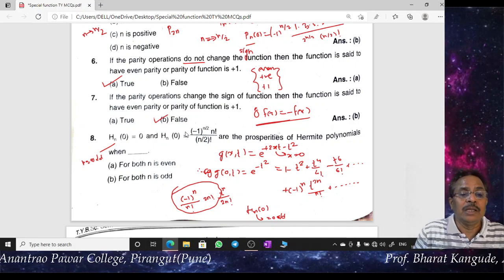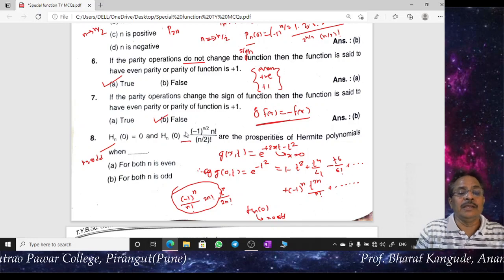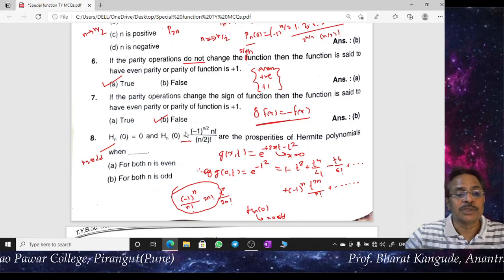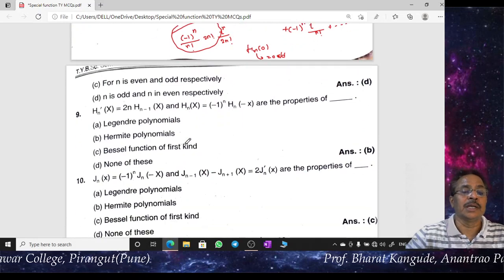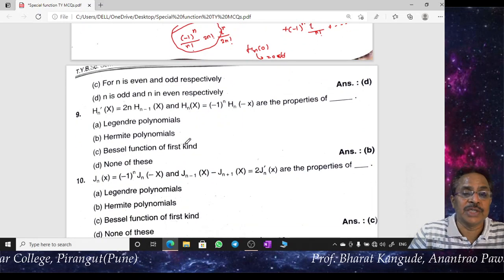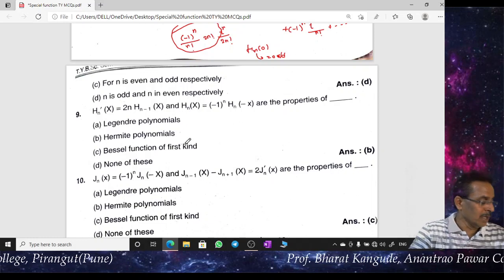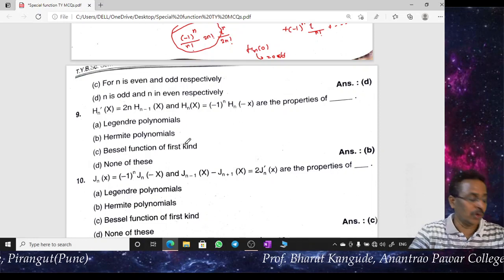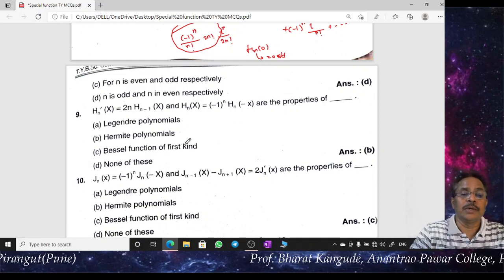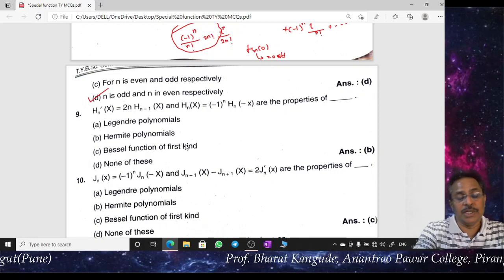So this is possible when n is even, and the zero case when n is odd, and therefore option A and option B are not correct, but option D is. When n is odd, Hn of 0 is equal to 0, and when n is even, we get minus 1 raised to n by 2 into n factorial divided by n by 2 factorial. So D is the correct option of question number 8.